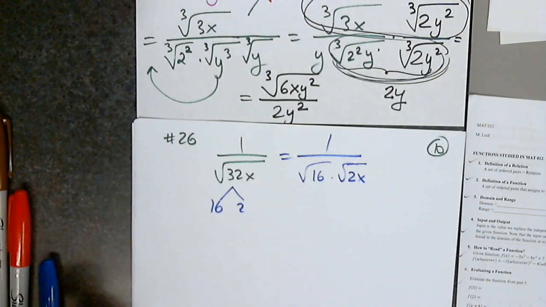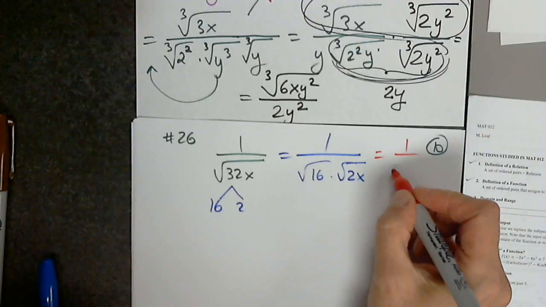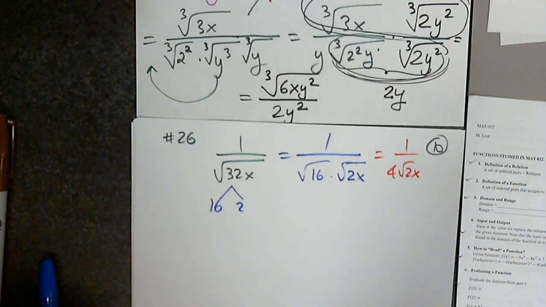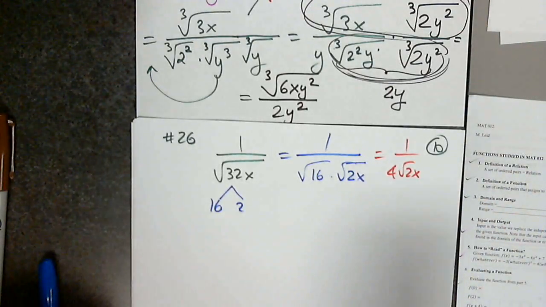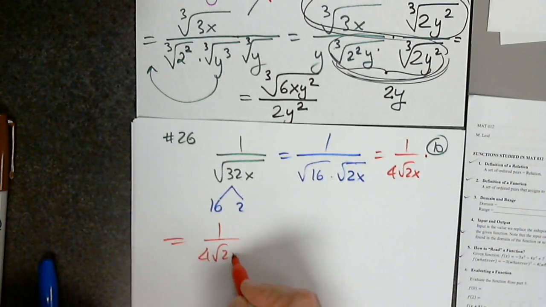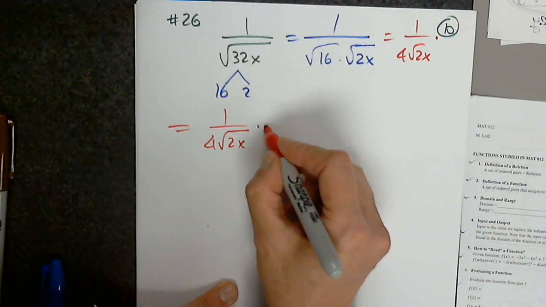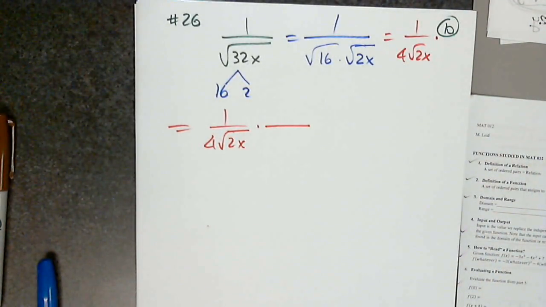And I know exactly what needs to be rationalized. So I'm going to rewrite 1 over 4, the square root of 2x. And now I know which portion needs to be rationalized. I'm going to write it again. 1 over 4, the square root of 2x. So what does this need? The index is 2. I only have 1, 2, and I only have 1 x.